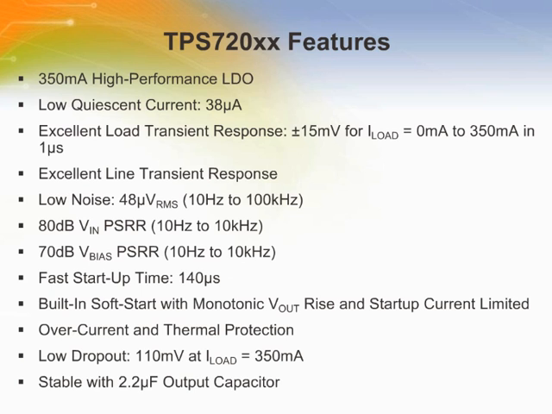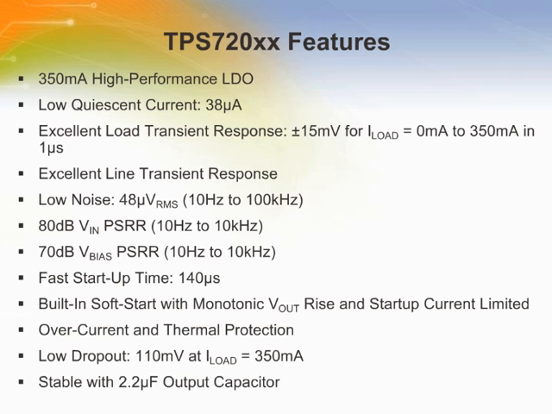The TPS72000 supports a novel feature in which the output of the LDO regulates even under light loads when the N pin is left floating. The TPS72000 is stable with ceramic capacitors and uses an advanced BiCMOS fabrication process that yields a dropout voltage of 110 millivolts at 350 milliamp output current.